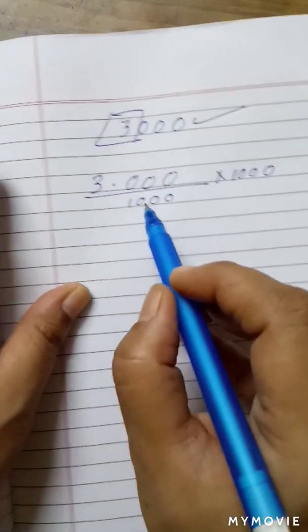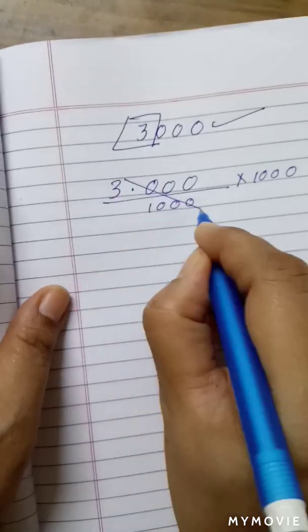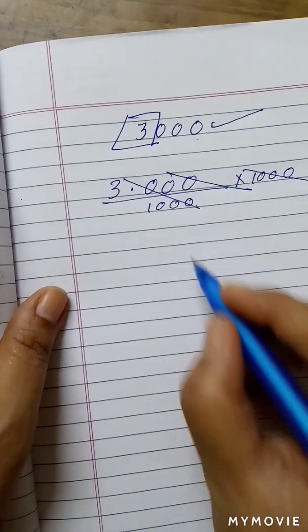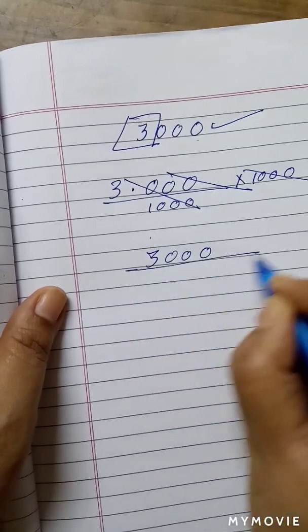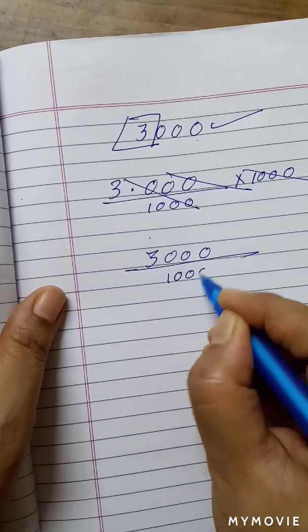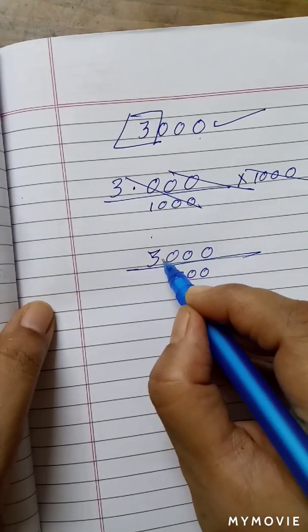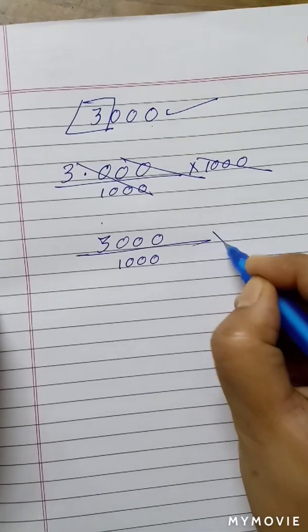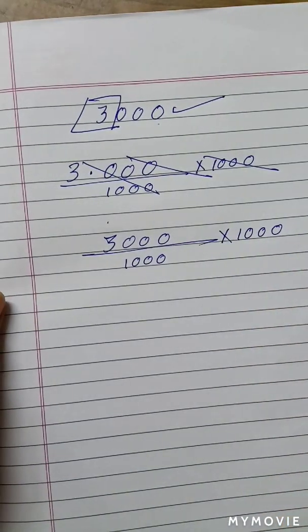I'm sorry, actually not this number. We divided 3000 by 1000 so that we can put the decimal here, and because we divided it by 1000, we multiplied it by 1000.